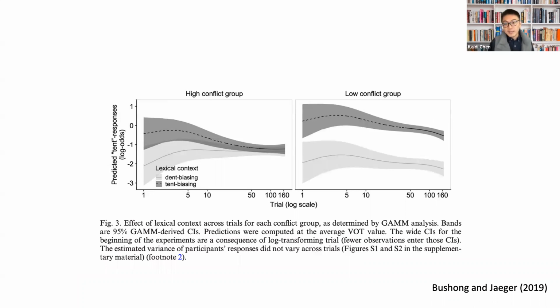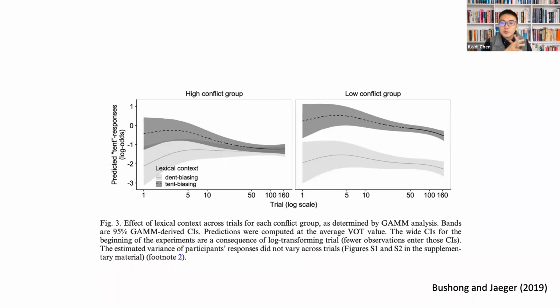Furthermore, the lexical effects appear to emerge over time. So here again, the tent responses on the ordinate, but now as a function of trial from 1 to 160, the beginning of the experiment to the end, collapsing across VOTs. The lexical context effect is, again, the displacement of the dent and tent functions.